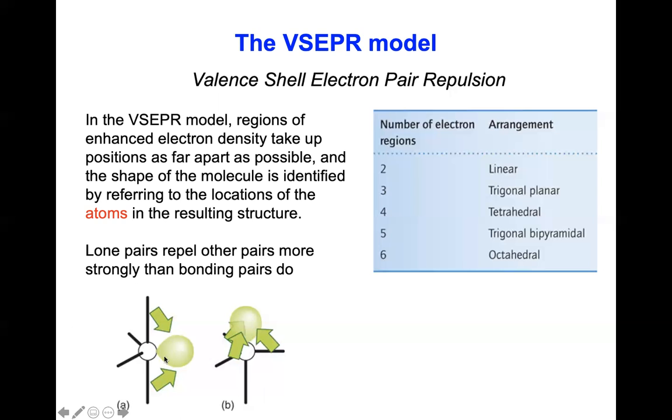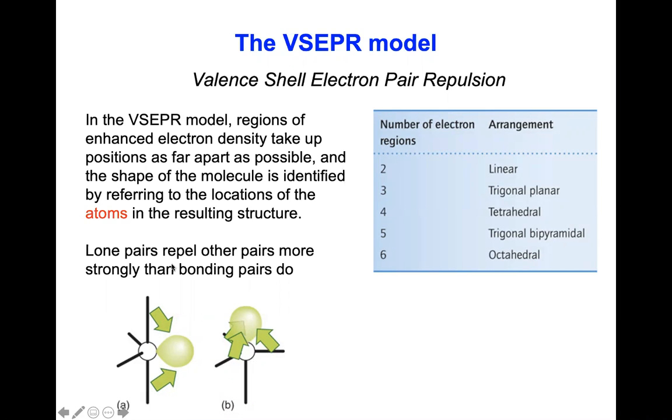In the geometry A, in this case, you put the lone pair in the equatorial plane, so the repulsion with the lone pair involves only 2 bonding pairs. But in the second case, if you put the lone pair at the axial position in this geometry, then you are going to have 3 repulsions between bonding pairs and this lone pair.